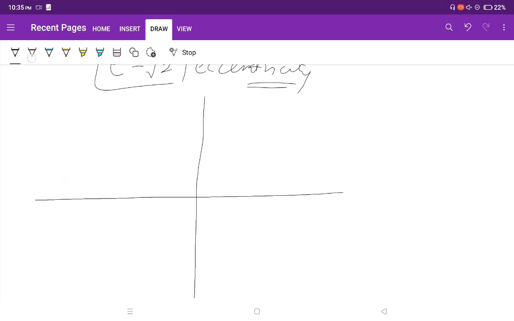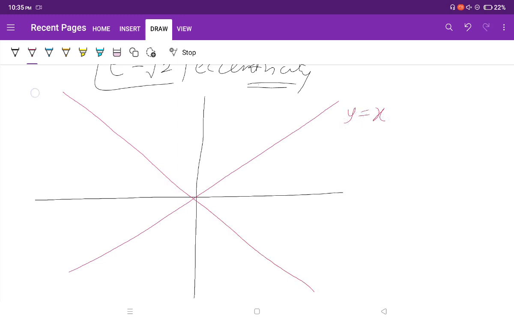Now the x-axis and y-axis will become the asymptotes, and the two lines y equals x and y equals minus x will become the axes.